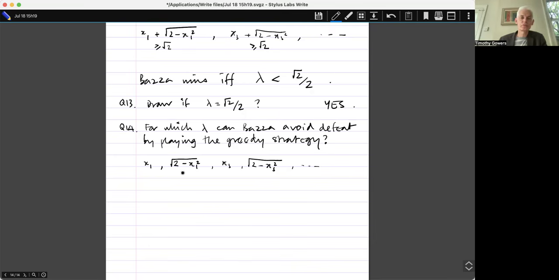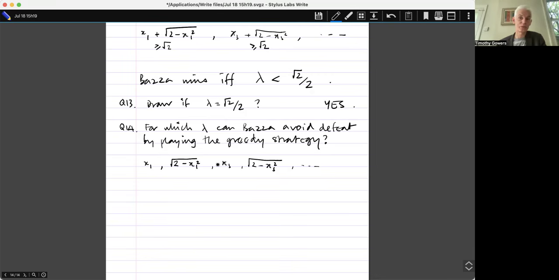So what are the constraints that Alice is going to face? In order to defeat Bazza, Alice is going to want to try to be able to play an xi that's bigger than √2 at some point.